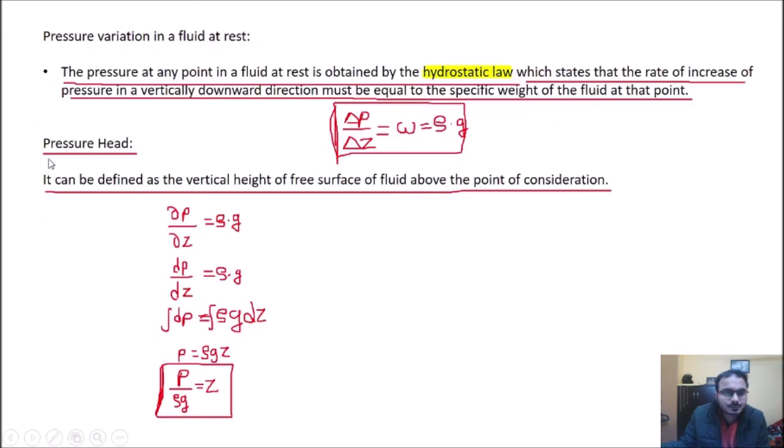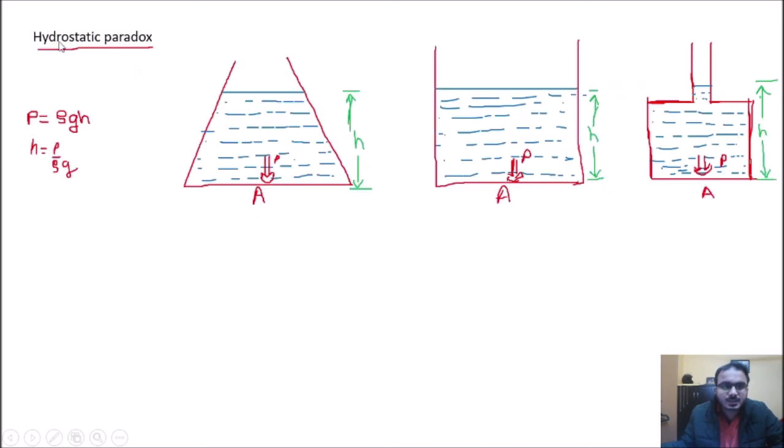Apart from that, pressure head is defined as the vertical height of free surface of fluid above the point of consideration, that is Z is equal to P by rho g. And at last we studied hydrostatic paradox, that despite the shape and weight being different, we get the same pressure intensity at the bottom, provided that the area at the bottom is the same.